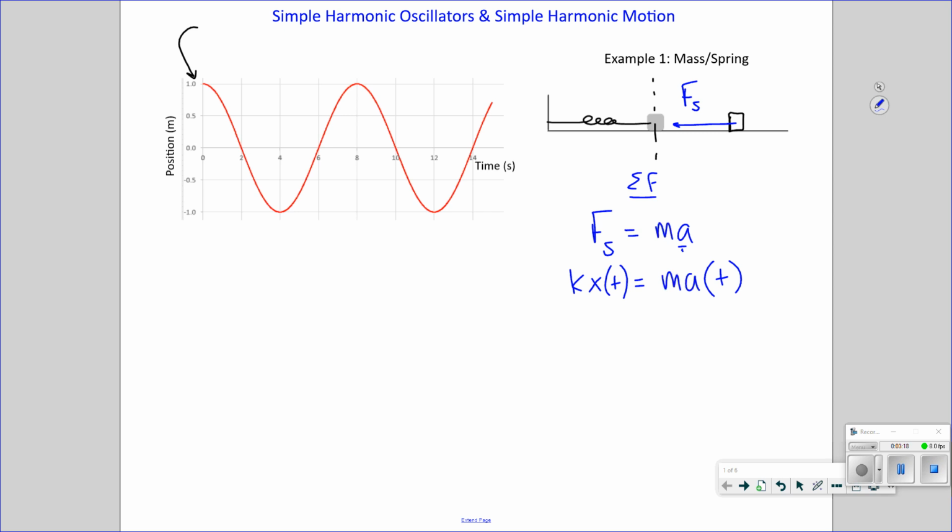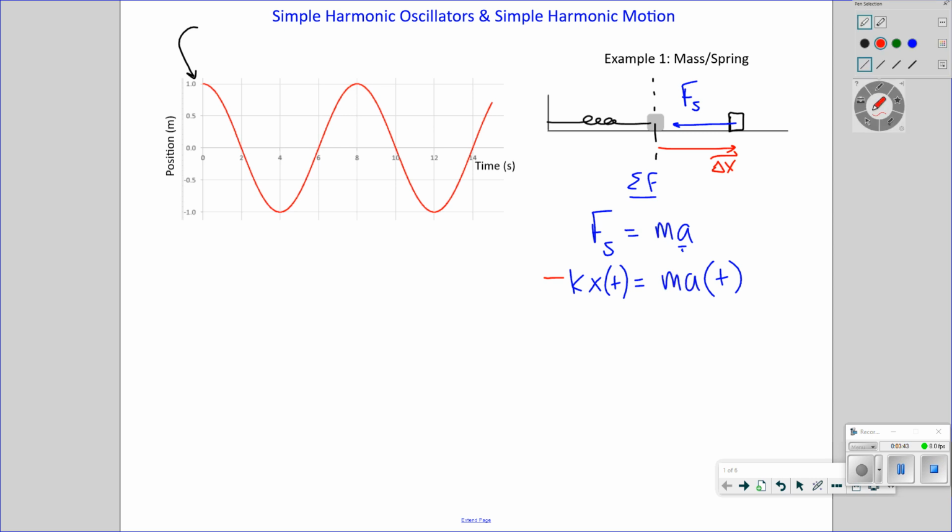And note, this thing was displaced this way, here is a delta x, or an x, same thing. When this thing is displaced to the right, the force and acceleration are to the left. The acceleration and the displacement are in opposite directions.